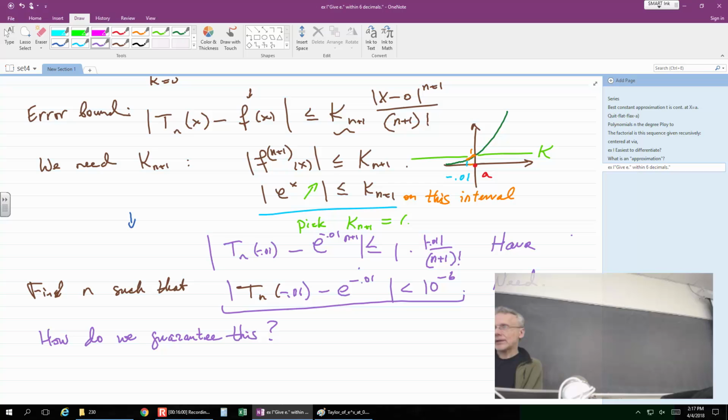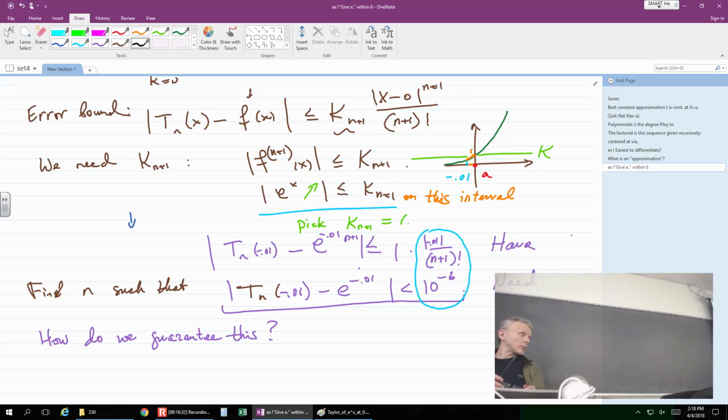So how do you guarantee it? What is the relation that we should establish between these two? Equal to each other?